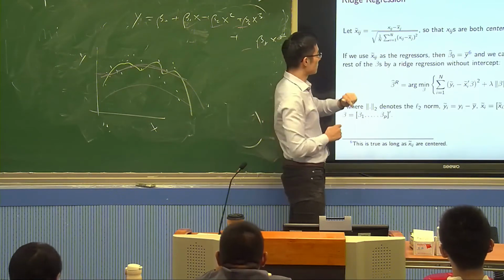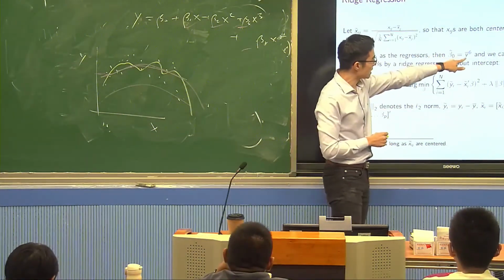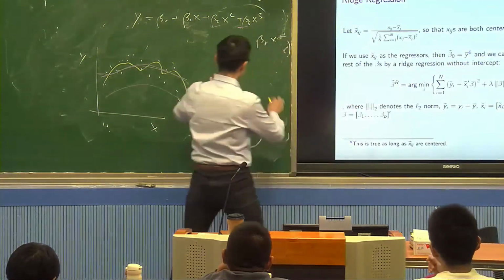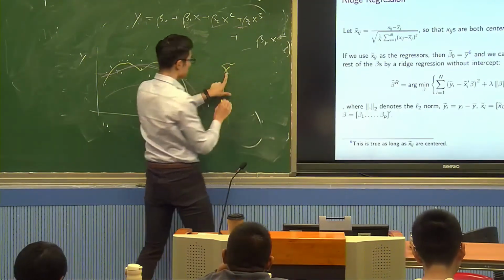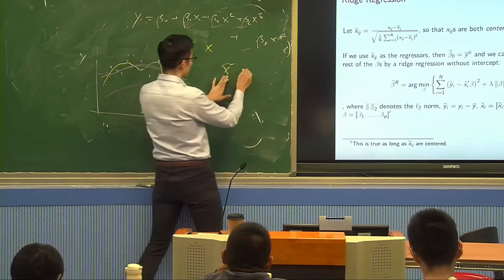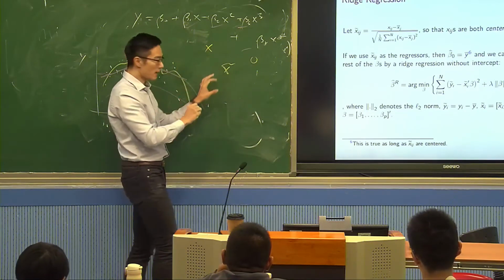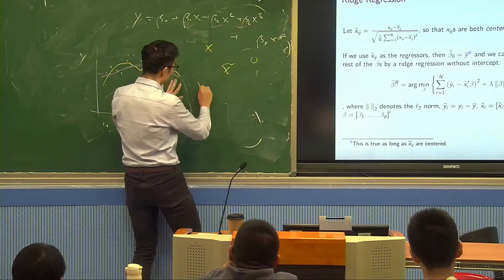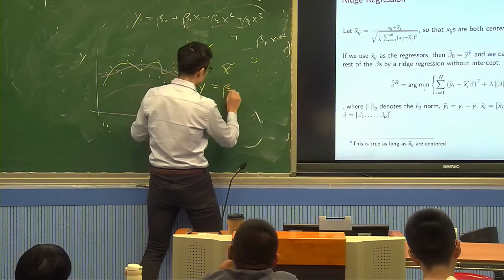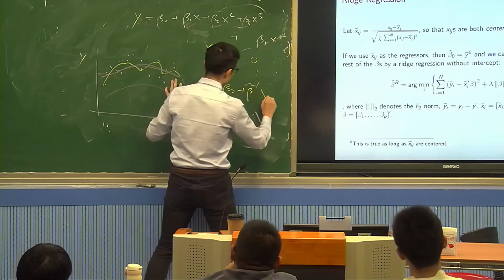First step, right? The second step is we take out the beta 0, and the beta 0 hat will always be mean y. So if we standardize x, this x tilde is the standardized version of our x. This x tilde has mean 0 and standard deviation equal to 1. If we do that, then our model becomes y equal to beta 0 plus beta tilde x tilde.